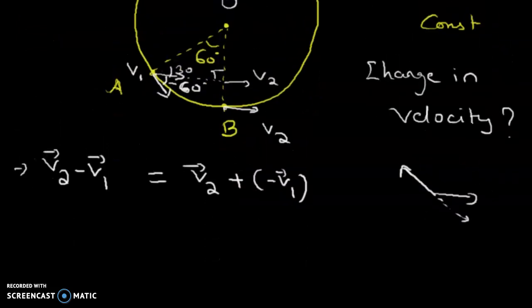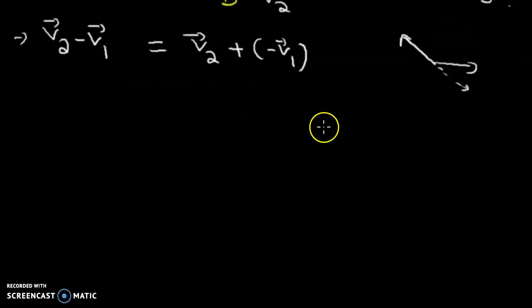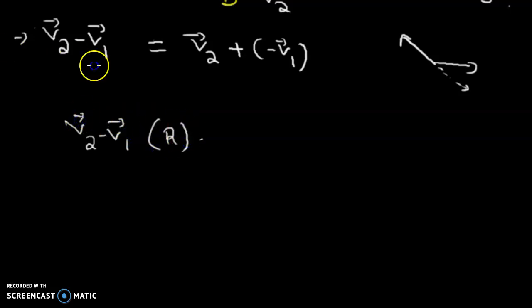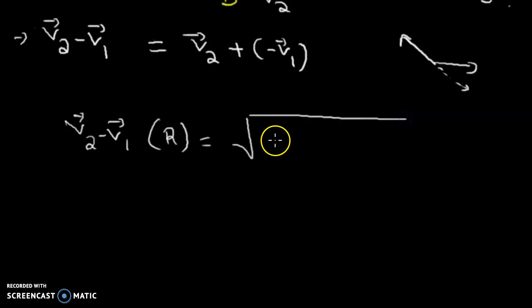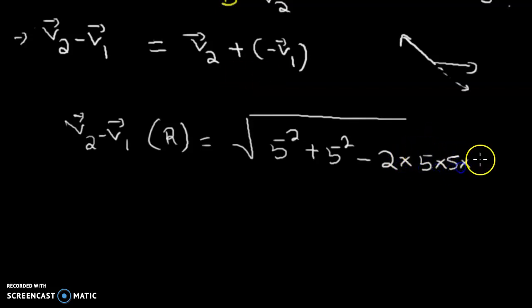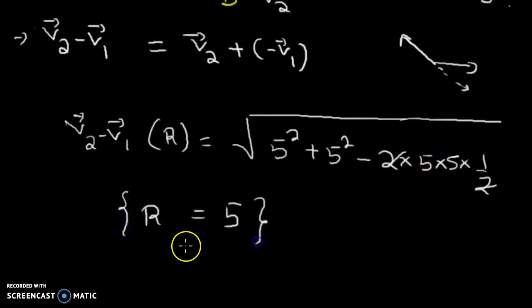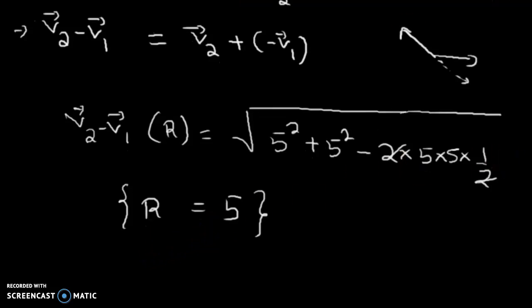So to find v2 minus v1, the resultant would be square root of 5 square plus 5 square, minus 2 into 5 into 5 into cos of the angle between them. The angle is 60, so cos 60 is half, and the resultant would be 5 only. The magnitude of v2 minus v1 would be 5 meter per second only. That was the thing I just needed to tell you.